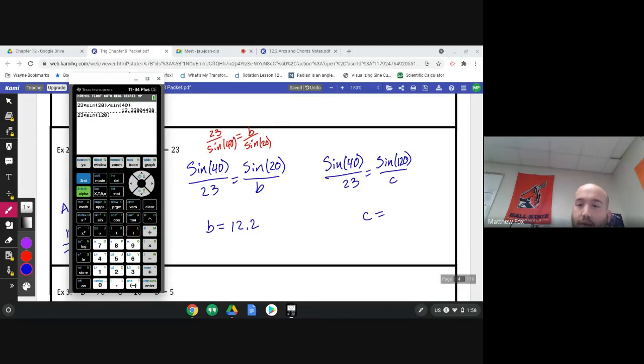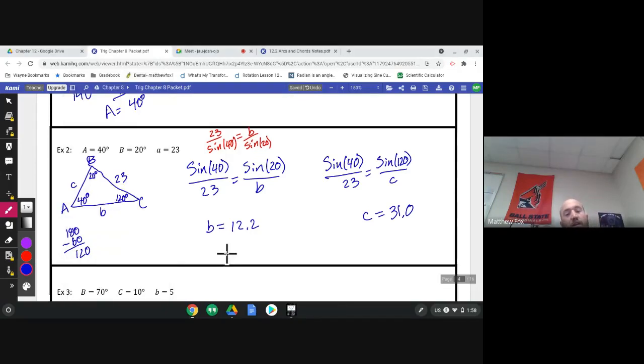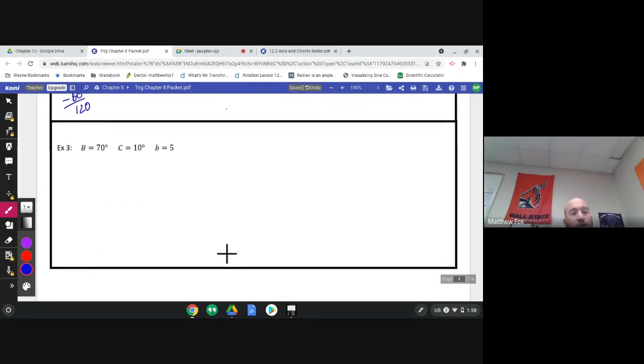And then we take this and we divide it by the sine of 40. If we round that up, 30.98, so we round up, it'll end up with 31.0. All right, just about done. We got one last problem here.